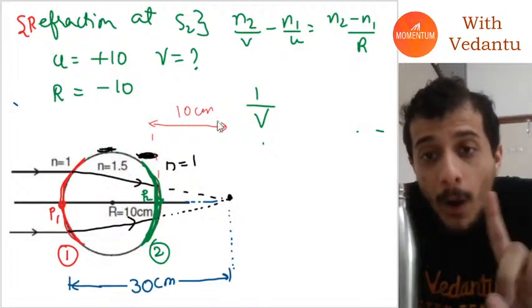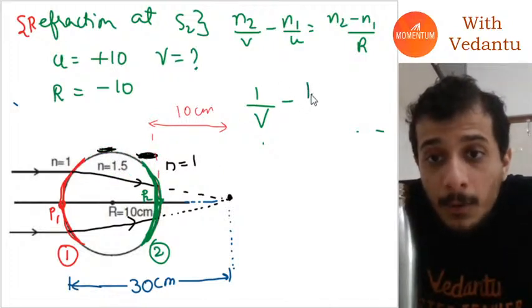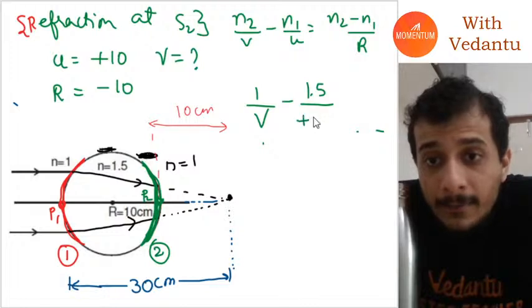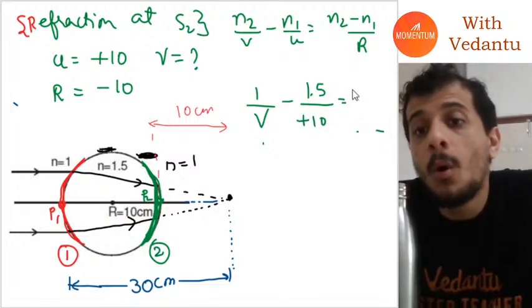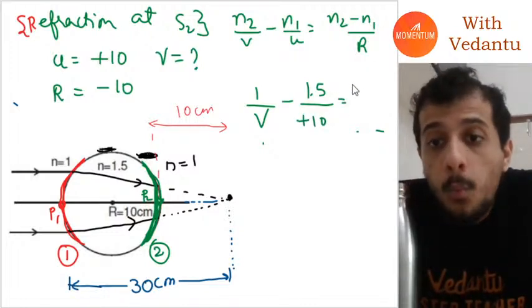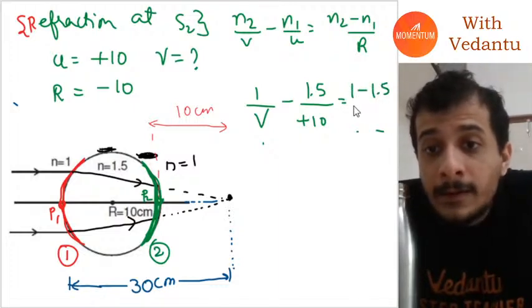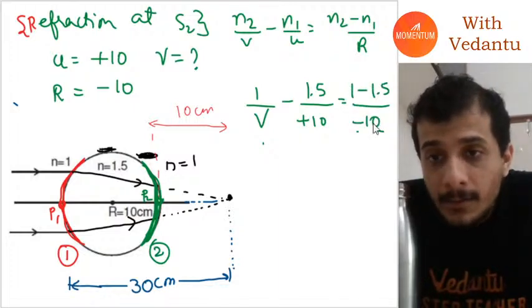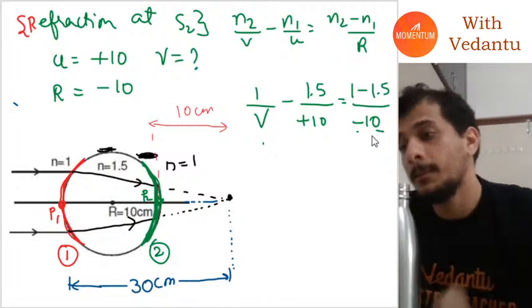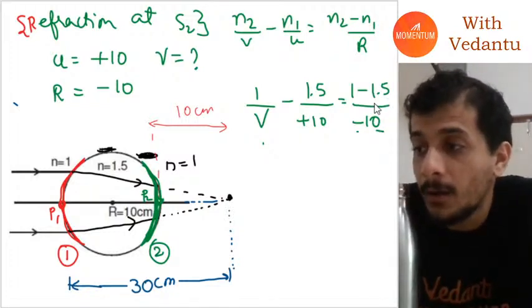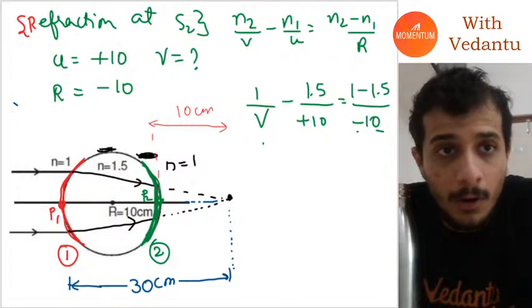So I will write 1 by V minus 1.5 by plus 10 is equal to 1 minus 1.5 divided by minus 10. I hope everybody is following.